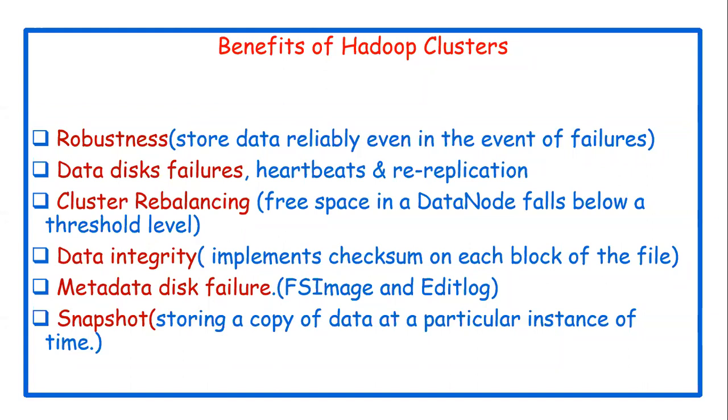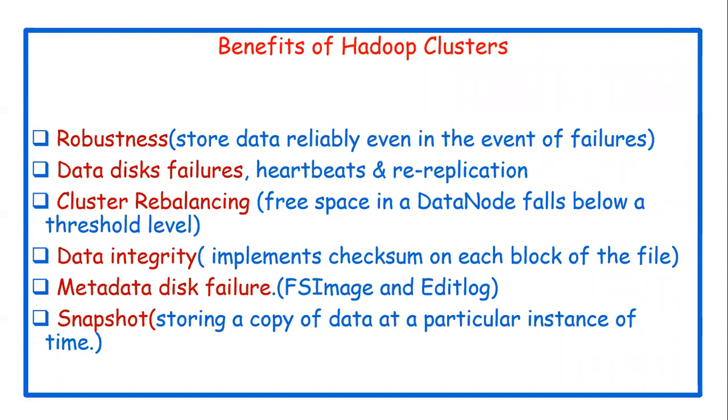That's why you have to capture it as a single image, called the file system image. This file system image is maintained by the name node. So whenever any metadata disk failure happens, there is no need to worry, because we have the metadata concept, data about data. The file system image and edit log will help us to know everything very quickly.